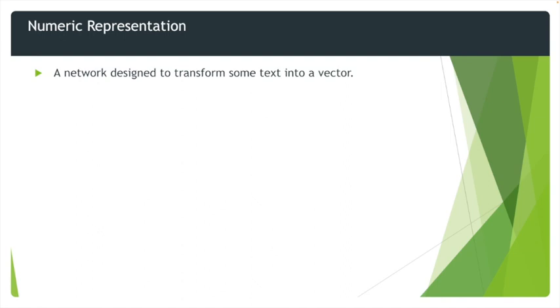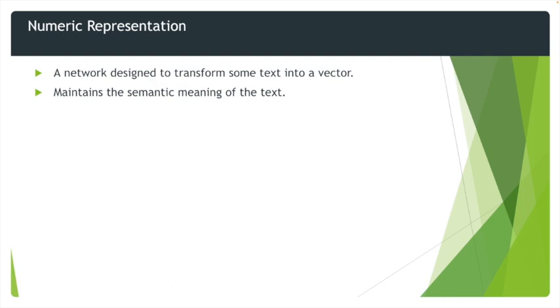And all these networks do is take some text and transform that into a vector, or a list of numeric values. It's going to be about 1,000 or 2,000 numbers long, and the values in this list are going to be somewhat abstract. We've got no idea what they mean, but they mean something to the neural network.